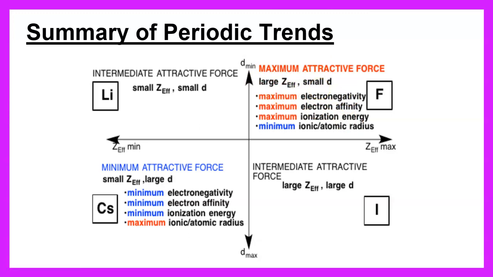So the nucleus can pull really hard on electrons, and we end up seeing some things as a result of that. The bottom left corner tends to have the lowest attractive forces because it has a very weak nucleus compared to the very large diameter of that atom. And you can see the effect of that low attractive force. So whichever one you prefer, great, study it, make sure you can answer questions, and you internalize and remember what these trends are.